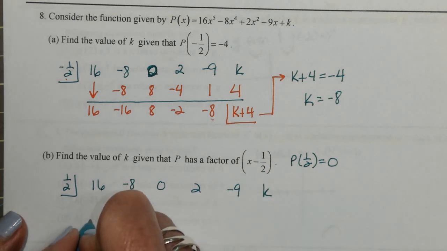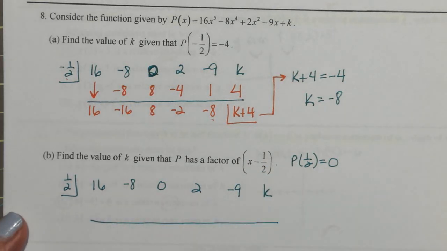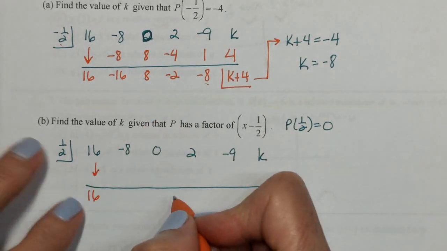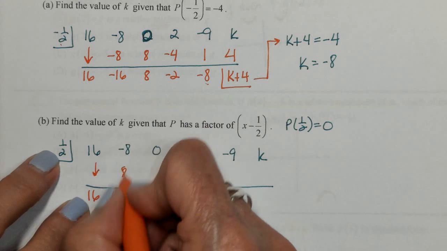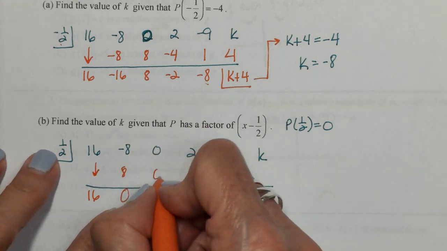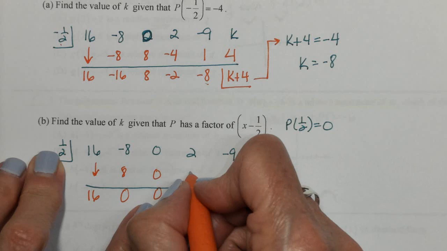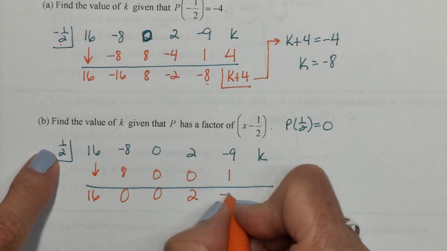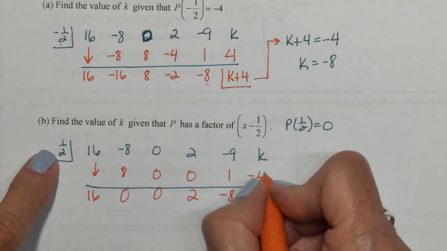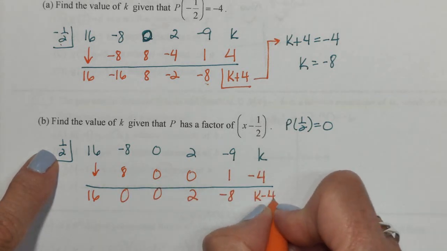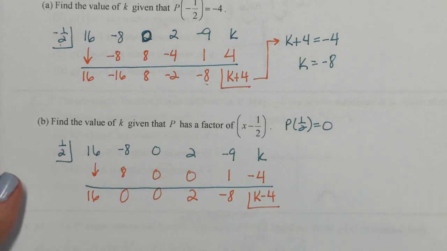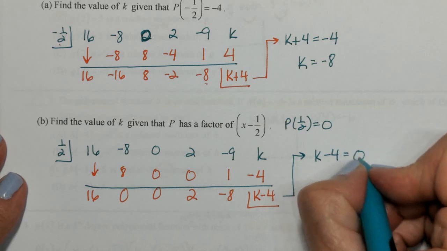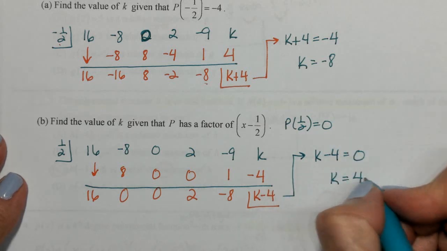I'm hoping I did it right the first time because I'm just copying what I just wrote. Half of 16 is 8, add. Half of 0 is 0, add. Half of 0 is 0, add. That worked out nice. Half of 2 is 1, add. Half of negative 8 is negative 4, add. And we get k minus 4, which must be 0, so k must be 4.